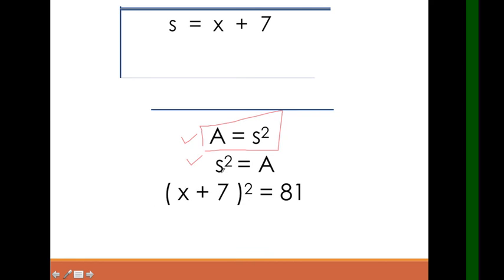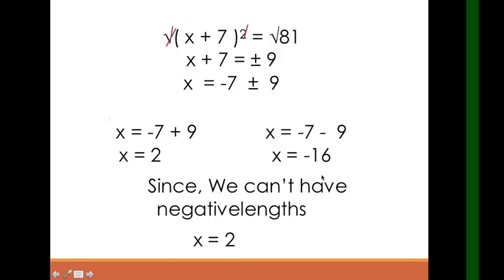We substitute the value of s, which is x plus 7, squared equals 81. For this portion, pwede mo namang i-square root yung ating given sa equation. Para ma-cancel yung 2. Okay.